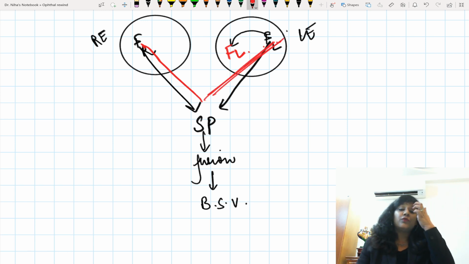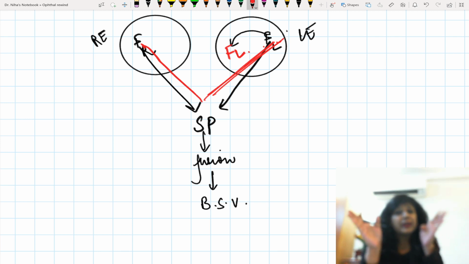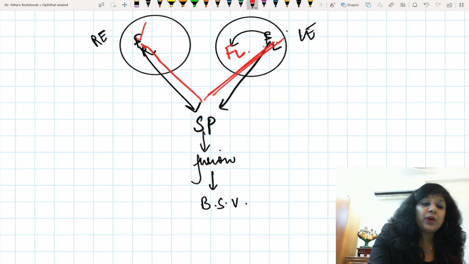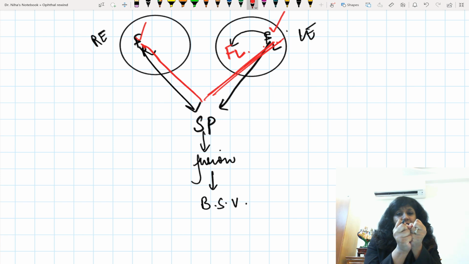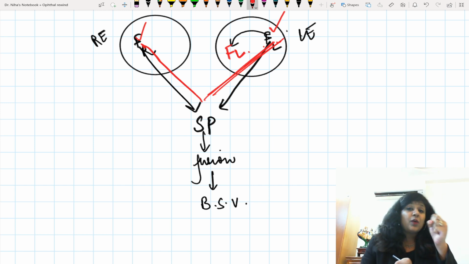Okay, so what is happening? Normally only the corresponding points are in relationship with each other. So this point and this point were in relationship with each other. They were looking together simultaneously, and that is why they were able to fuse and give me binocular single vision. Now what has happened?